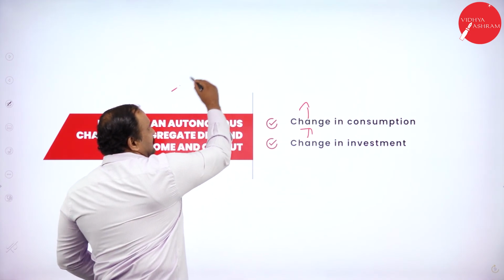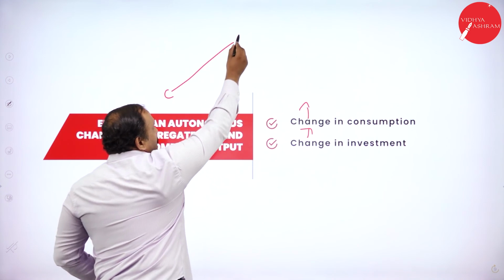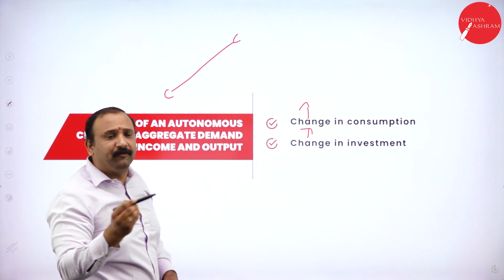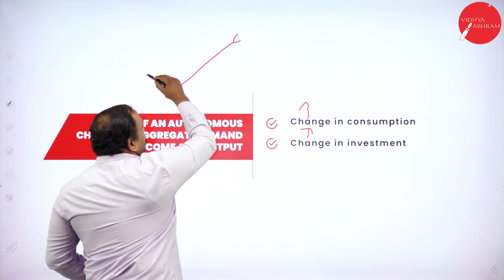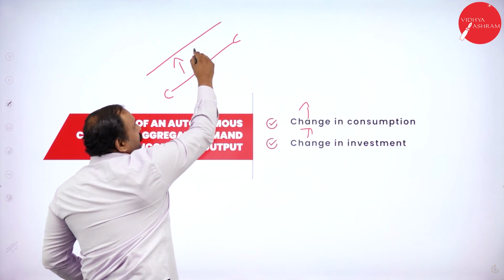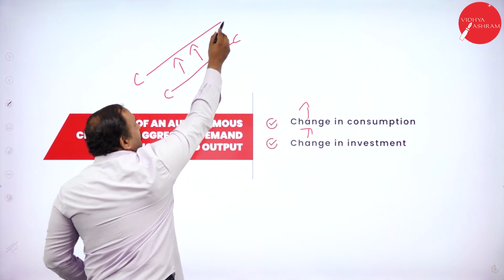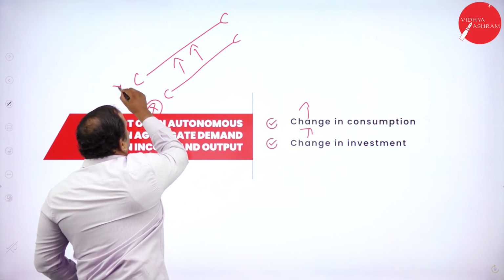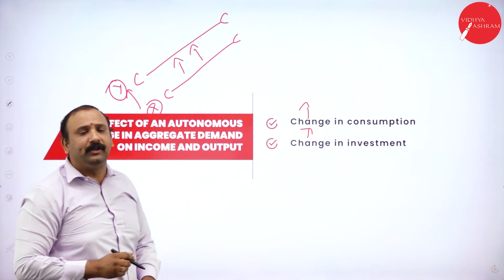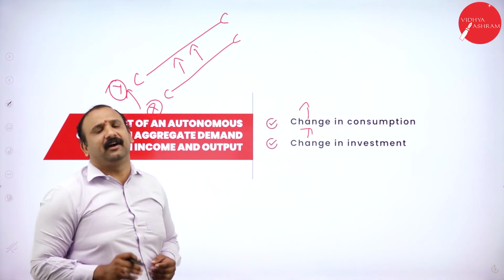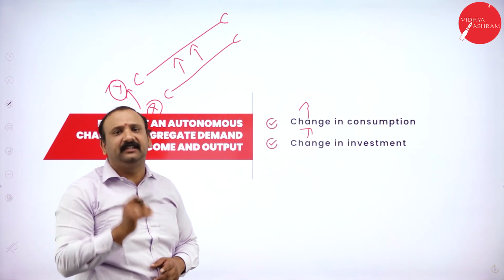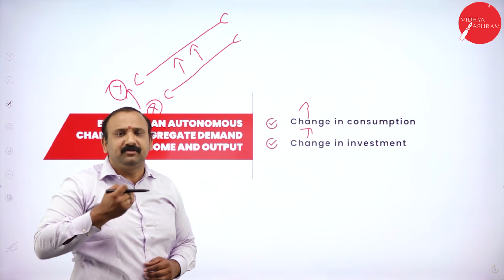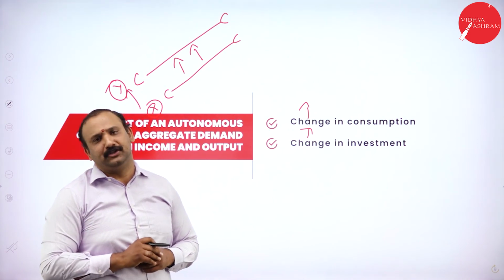Now if I say this is the consumption line, and if I give you one more graph where the consumption moves up, you can see here the consumption has moved from a point X to a point Y. What I am trying to do here is show that there is a change in consumption. I am just trying to represent this factor, saying that consumption has increased for the consumer.